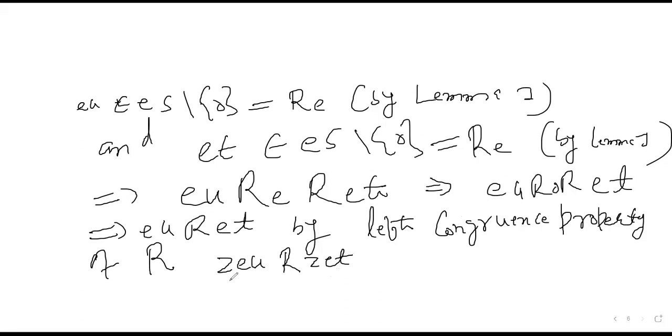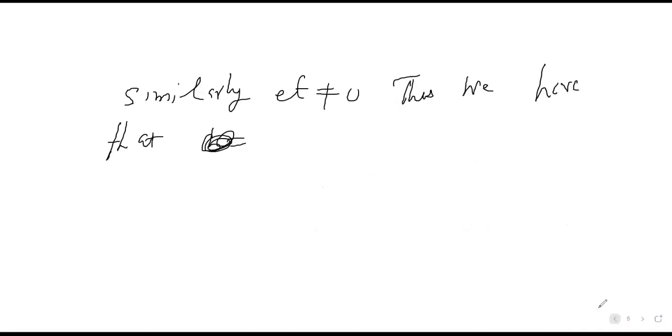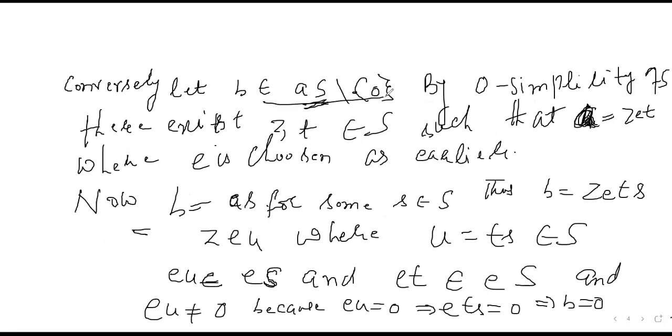But ZEU is B, and this is A. So this implies B is R related to A. But B you have chosen in AS minus 0.